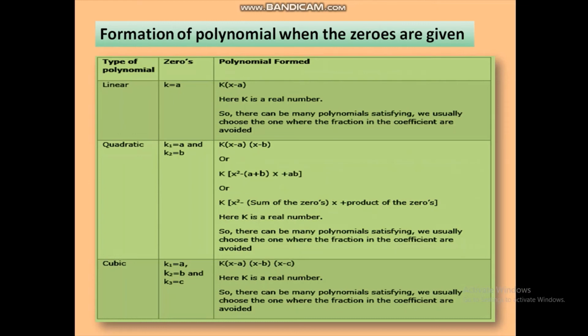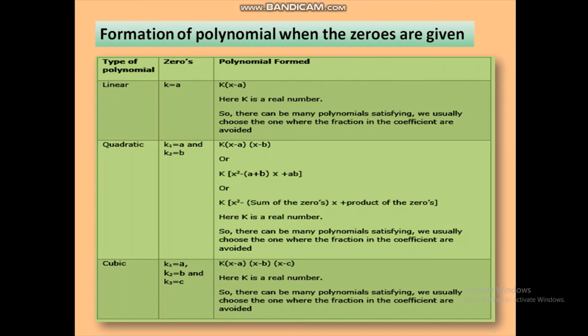Then the polynomial can be formed as k under bracket x minus a into x minus b, or this can be written as k under bracket x square minus under bracket a plus b into x plus ab, and this can be understood as k under bracket x square minus sum of zeros into x plus product of zeros.